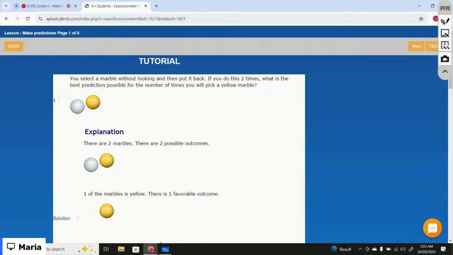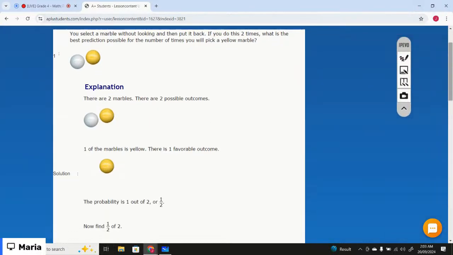Okay, so you are given two of the marbles, right? A yellow and a white marble. So out of these two marbles, one of them is yellow. So the probability of yellow is 1 out of 2, right? You have only one marble that is yellow out of 2.